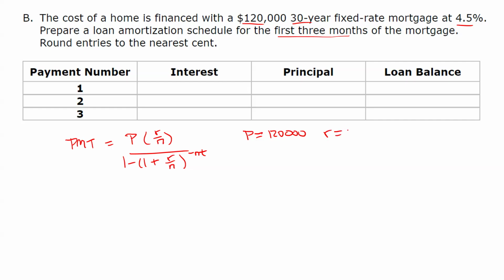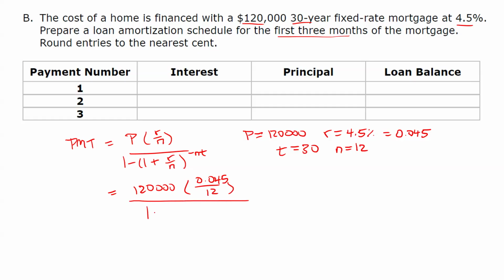R is 4.5%, which is 0.045. T is 30 and N is 12. So this will be $120,000 times 0.045 divided by 12. We have 1 minus 1 plus 0.045 divided by 12 to the negative 12 times 30.